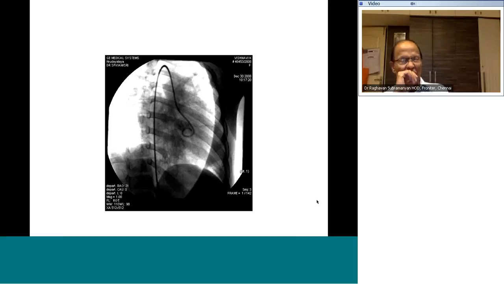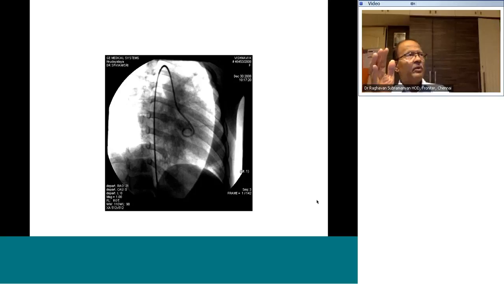Is that clear? How to identify frontal view, how to identify lateral view in X-ray, and how to identify the same thing in angiogram. I also talked about how to identify right anterior oblique view and left anterior oblique view in the X-ray chest.